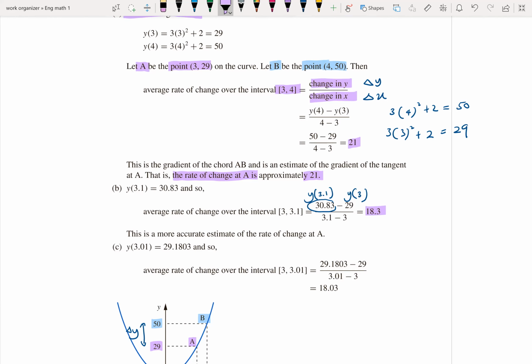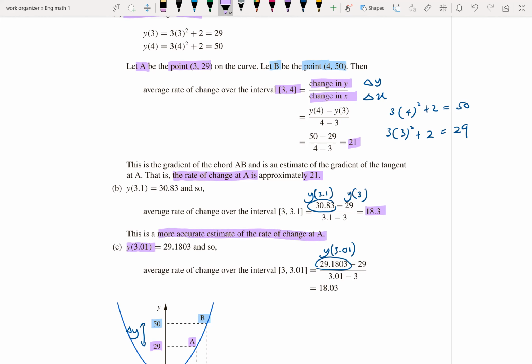For interval B, you can see that the answer is 18.3, which is a more accurate estimate of the rate of change at A because the interval is smaller. Then for interval C, 3.01, we put y at 3.01 and get 29.1803, and then minus 29.